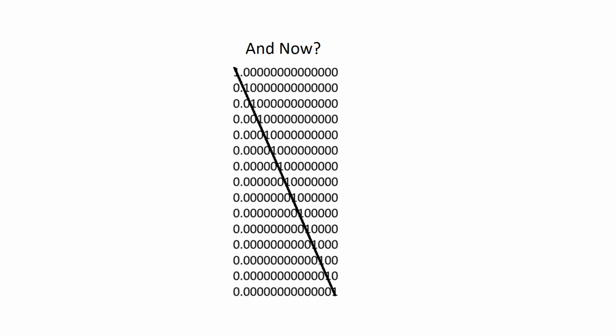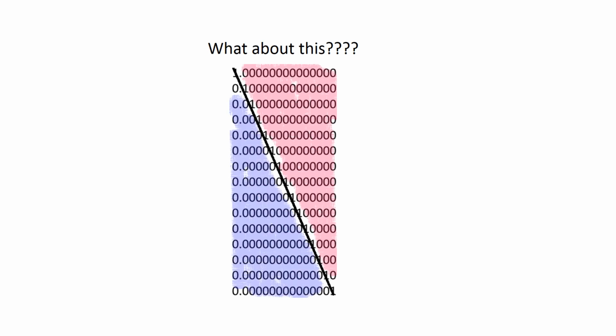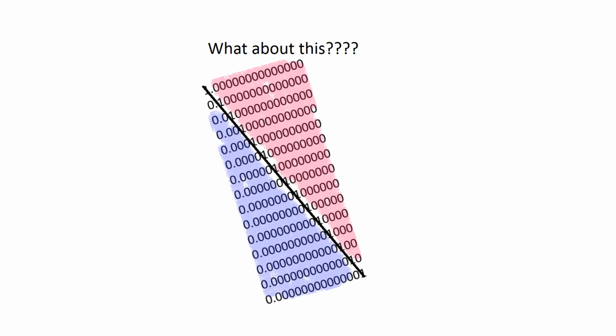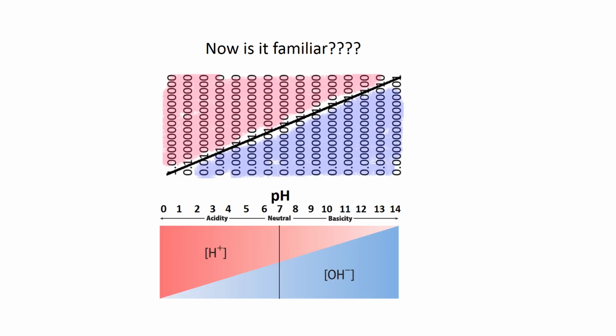Move this to the center so we can look at it, and what would happen if I did this? Look a little more familiar? How about this? Starting to look a little more familiar now? What do you think? It should be familiar now.